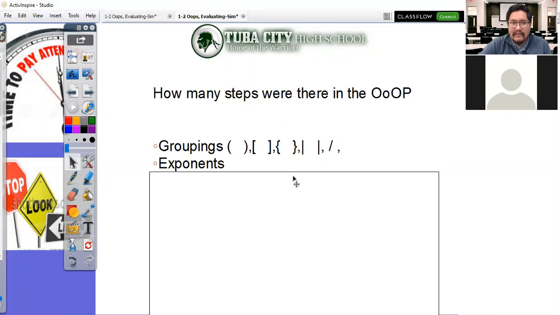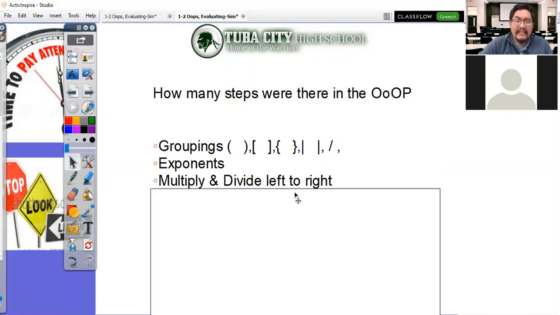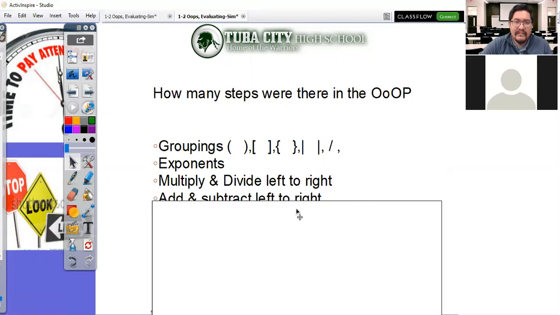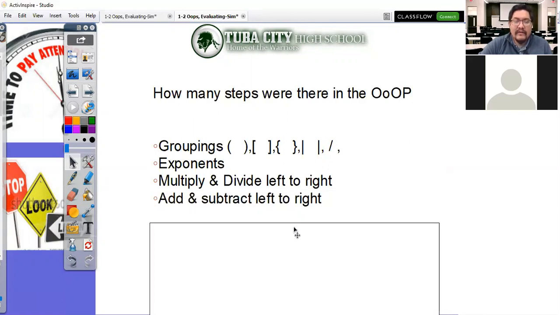After that, it's exponents. And then multiply and divide from left to right. Now there are also some misconceptions about this one as well, and I'm going to get to those in just a second. And add and subtract from left to right. So actually there are 4 steps in the order of operations that we usually do.